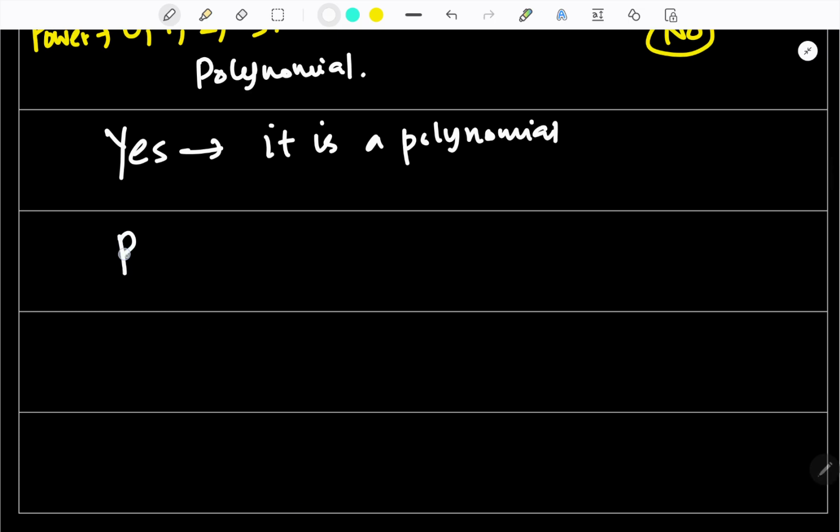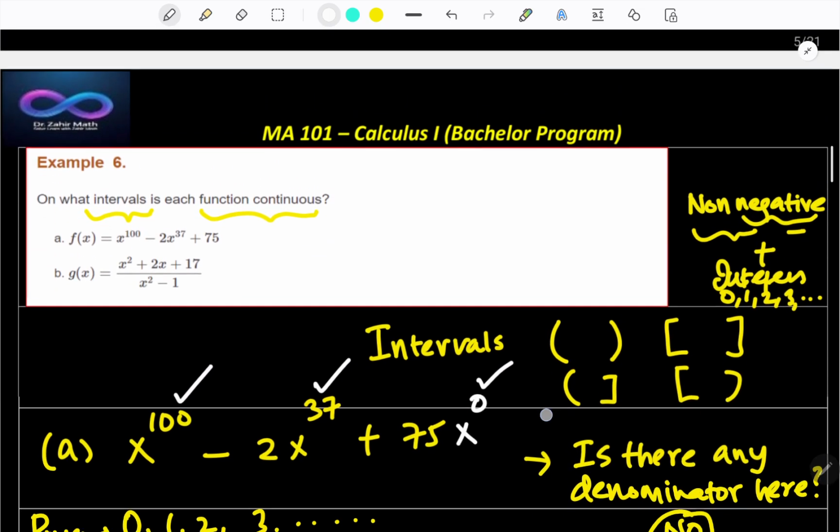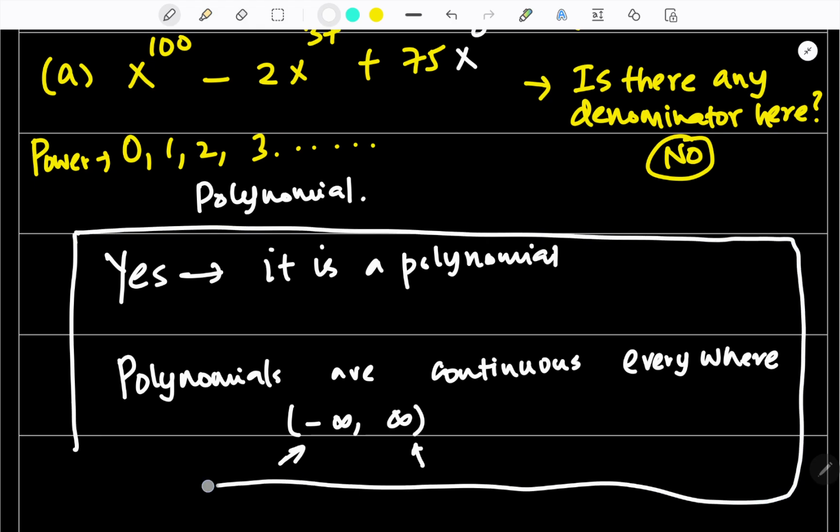So next you're going to write: polynomials are continuous everywhere. Everywhere in mathematics is minus infinity comma infinity, right? Infinity is not included, minus infinity is not included. Keep that in your mind. So whenever you get polynomial equations, you can directly write the answer like this: yes, it is a polynomial, and it is continuous everywhere.